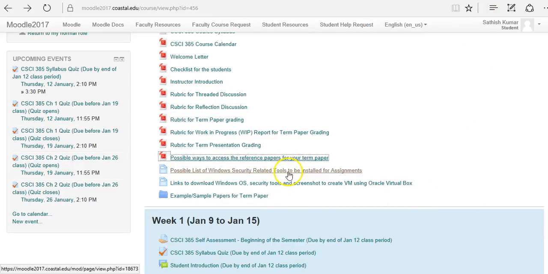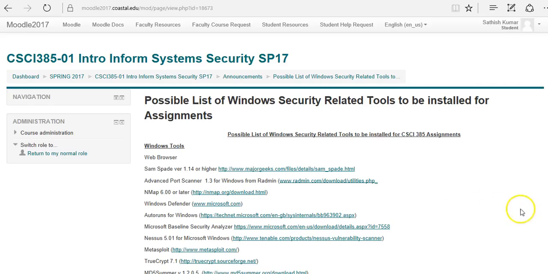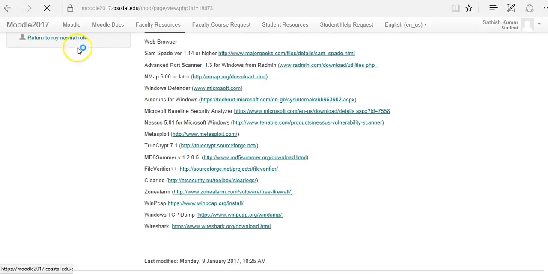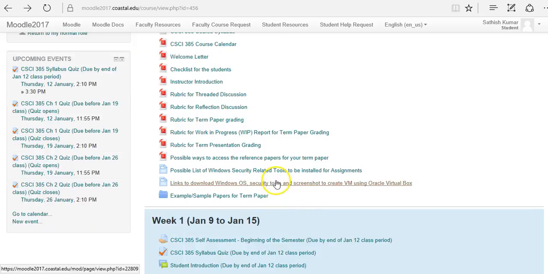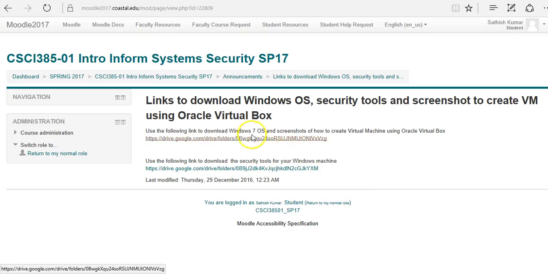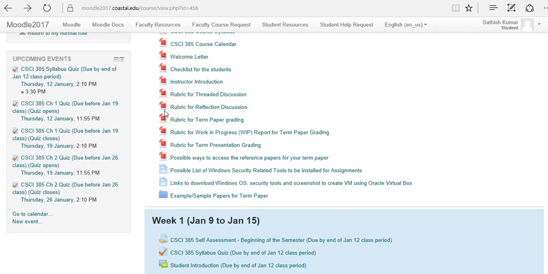I've also provided the tools that need to be installed for the hands-on assignments, and you can click on this to go over the screenshots on how to download and install the security tools and the virtual machine and the Windows on top of the virtual machine.